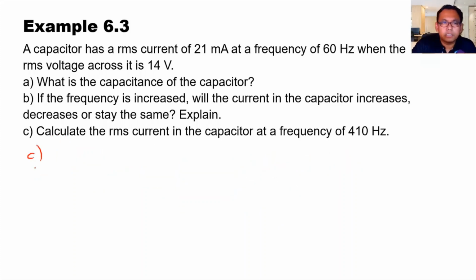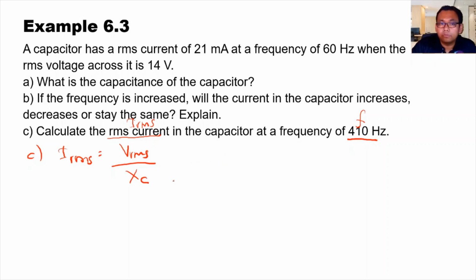Question C. Calculate the RMS current in the capacitor at a frequency of 410, so this is F. RMS current is equal to RMS voltage divided by capacitive reactance.